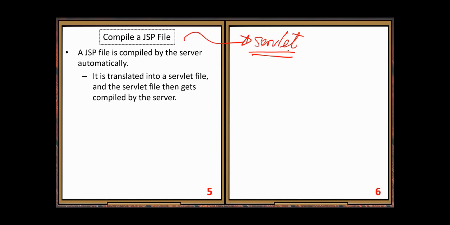First, the translation step. Let me elaborate on that step more. The JSP is translated into a servlet file, and the servlet file then gets compiled by the server. That means there is a physical servlet file somewhere.